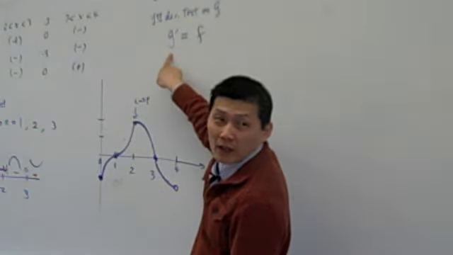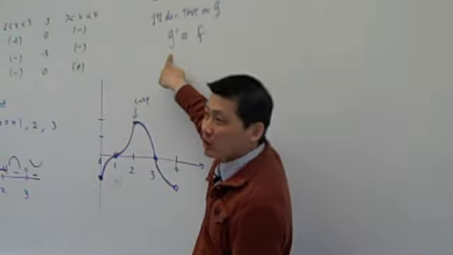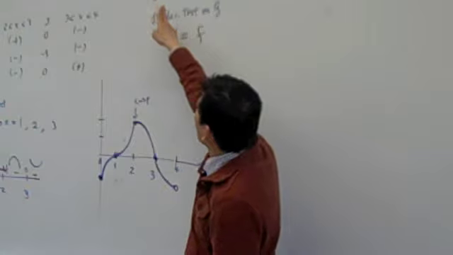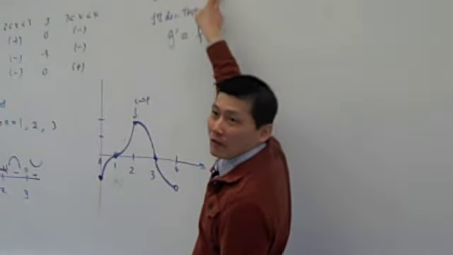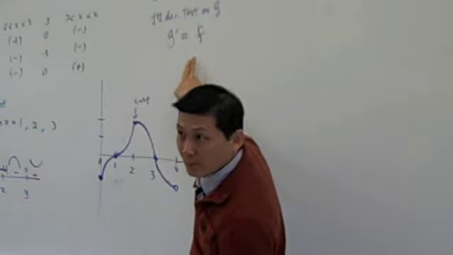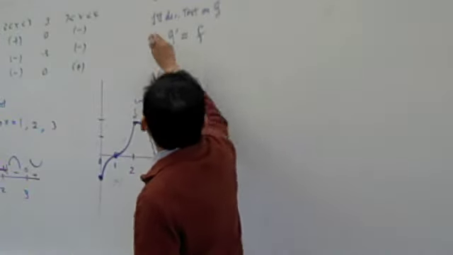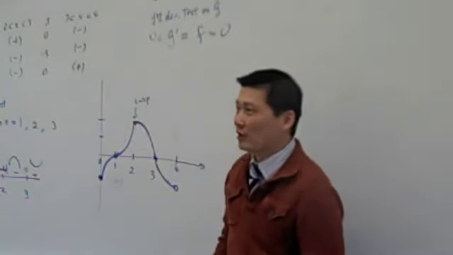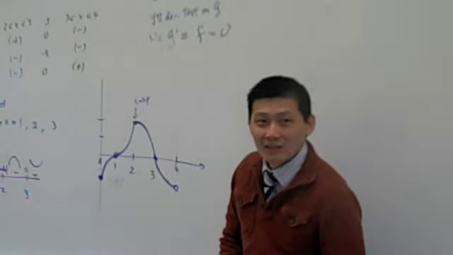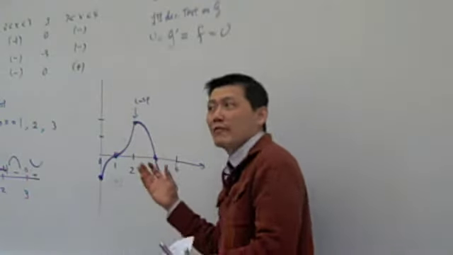Then I go back and look at what G and F have to do with each other. In this case, if G is the integral of F, then G prime is F. So if I set G prime equal to 0, that means I'm setting F equal to 0. So instead of thinking about G prime, you're thinking about F now.